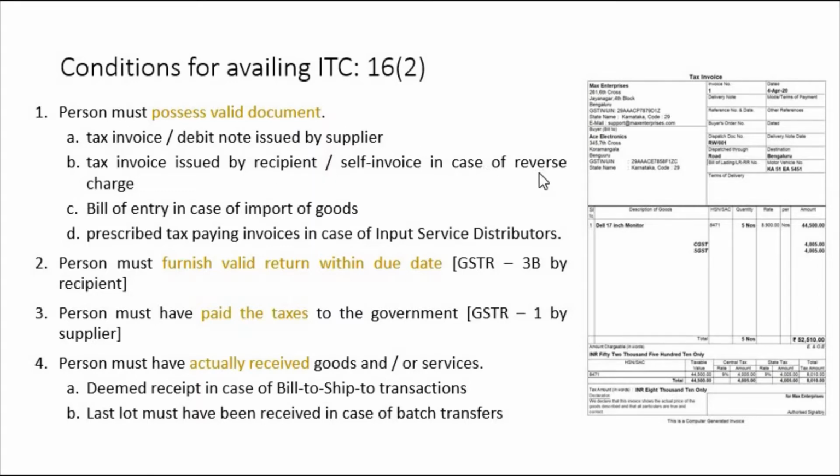In case of reverse charge, self invoice is also fine, or any invoice which is issued by the recipient is also fine in case of reverse charge. And then bill of entry in case of imports, bill of entry is given by the customs department. And then in case of input service distributors, any tax paying invoice is also fine, right?